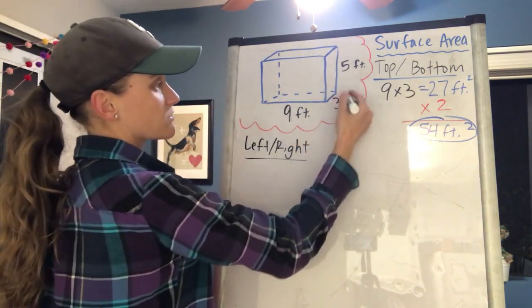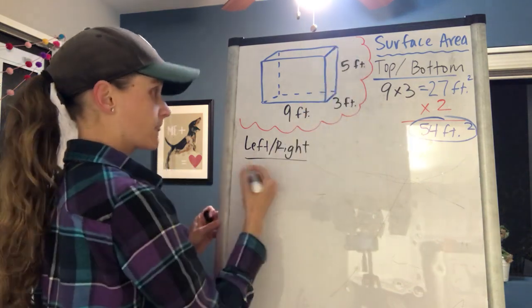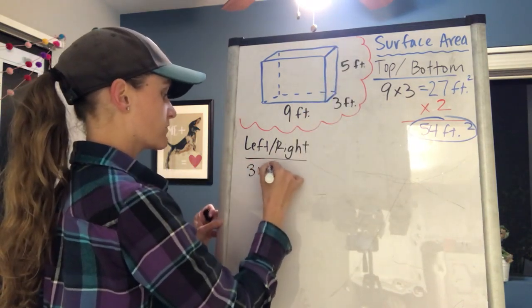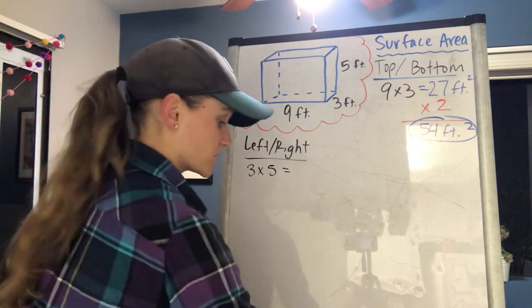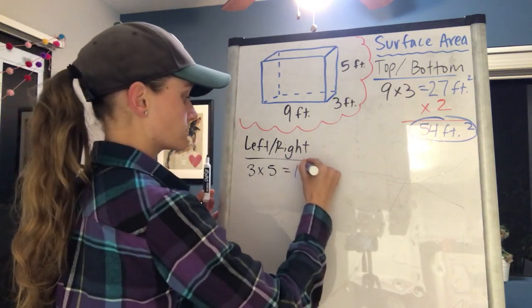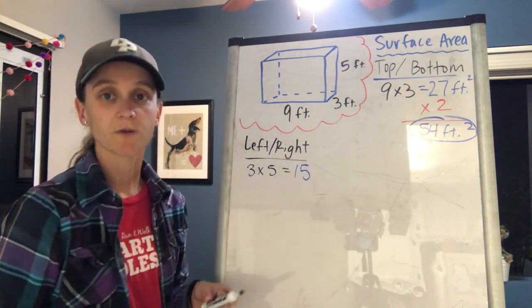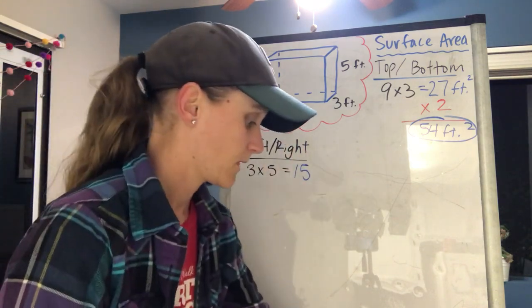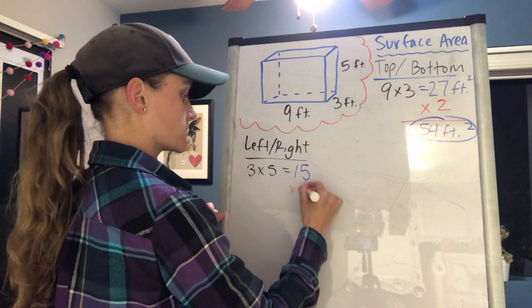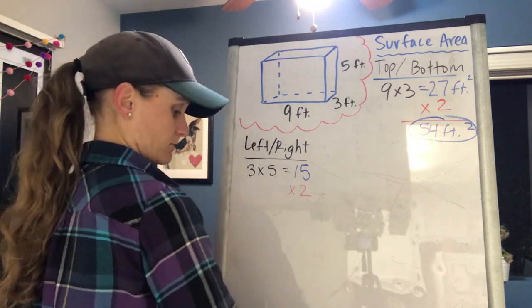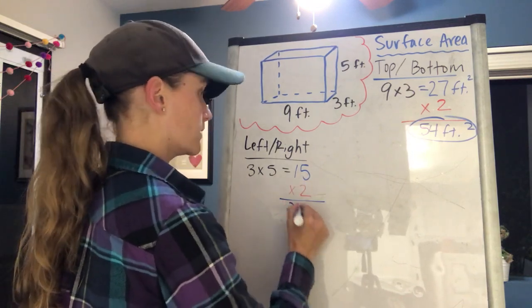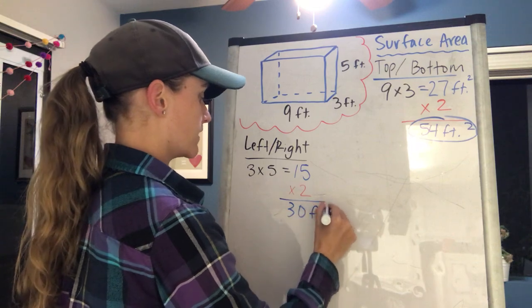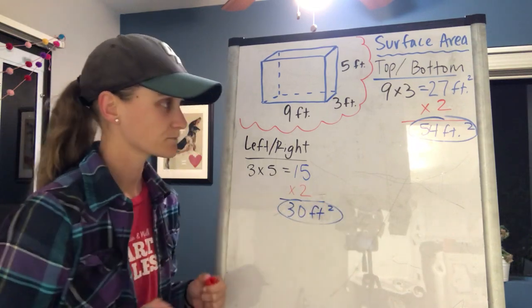So I can see that it's 3 feet by 5 feet. So I do 3 times 5 equals 15. And remember, I'm going to multiply that by 2 because it's the left and the right side. So times 2.